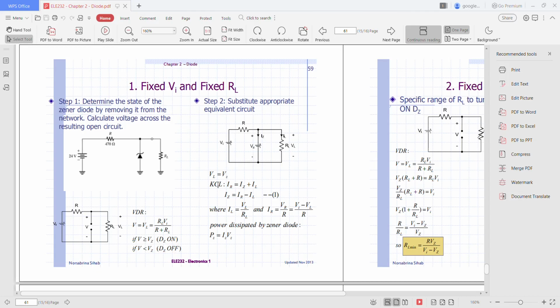The simplest of Zener diode regulator networks appear in this figure. The applied DC voltage is fixed. Okay, we have a fixed DC voltage, as is the load resistor. So the load resistor is also fixed.